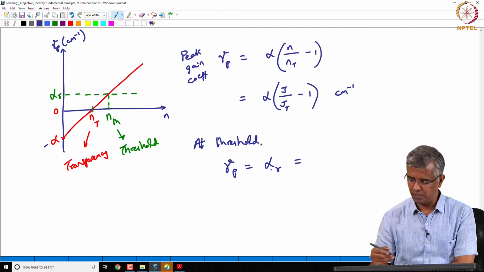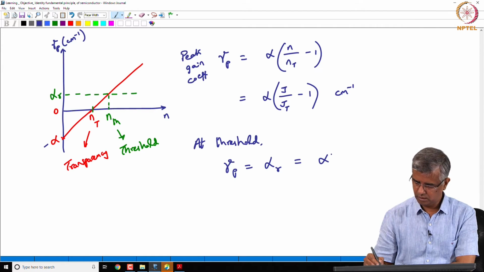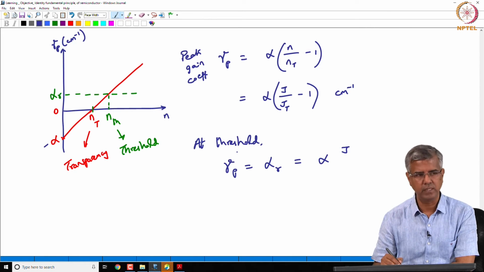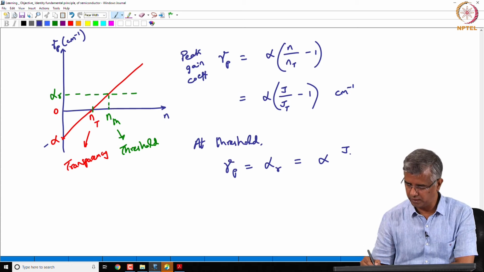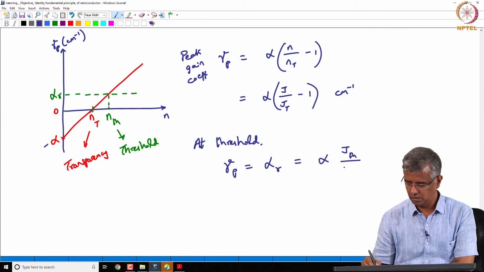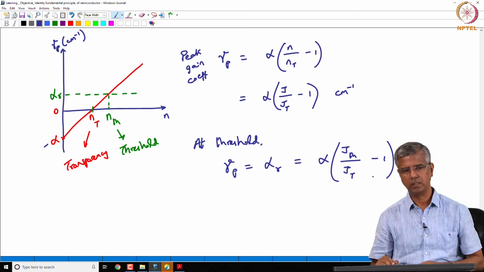But gamma p is also given by alpha times j over jt minus 1, and we are considering a threshold condition. So, we can write this as j threshold divided by jt minus 1.